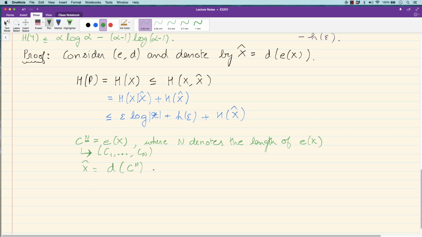So what we know for this setting is that the entropy of x hat must be less than or equal to entropy of Cn. Okay, this is true because x hat is a function of Cn. We take this bound as equation number 2, and the earlier one as equation number 1, and we combine 1 and 2.